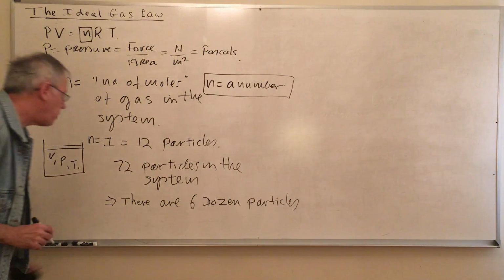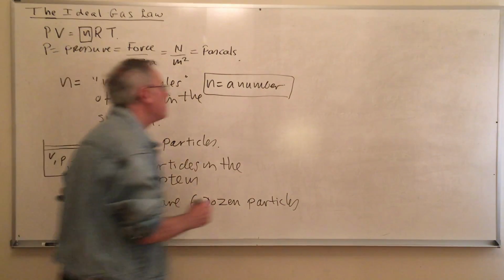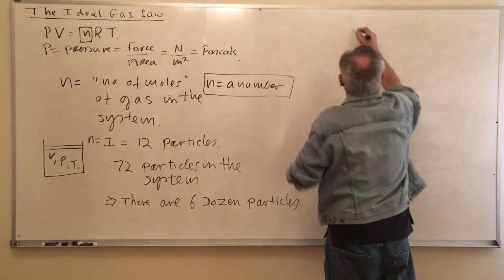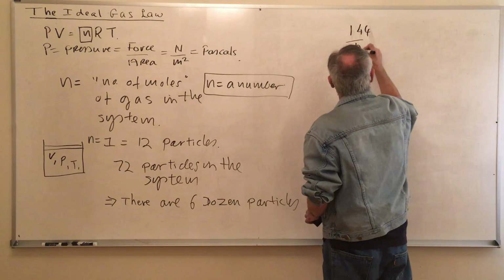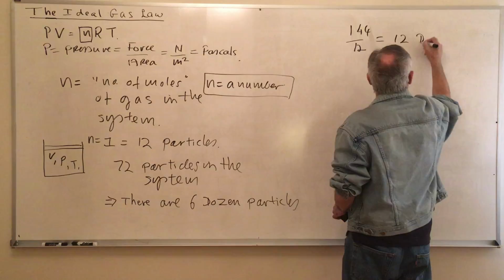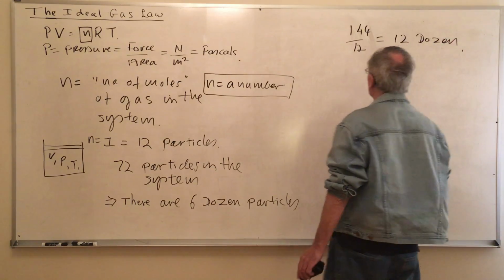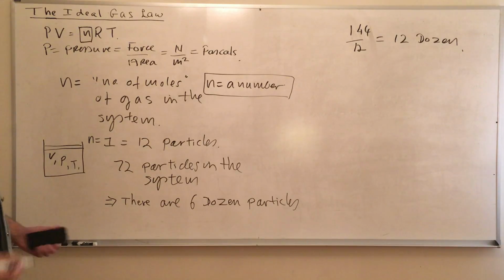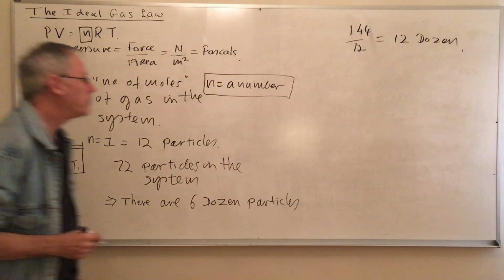Okay, so there are 6 dozen particles in this system. If there were 144 particles in our box, we would say there are 12 dozen particles in the box.